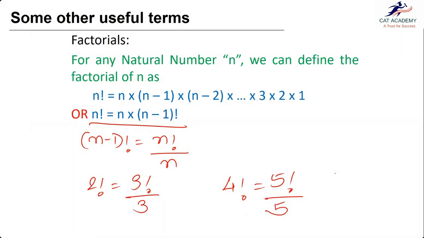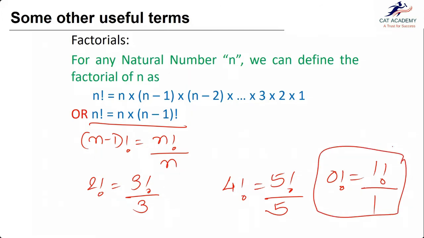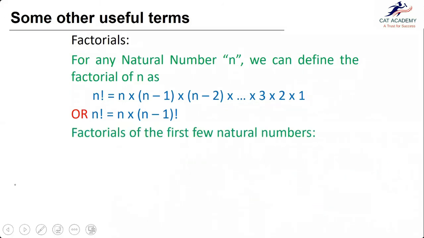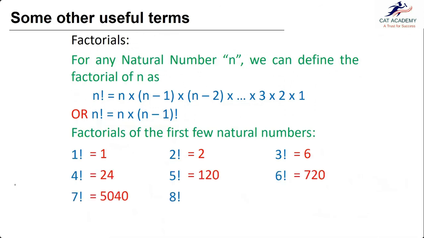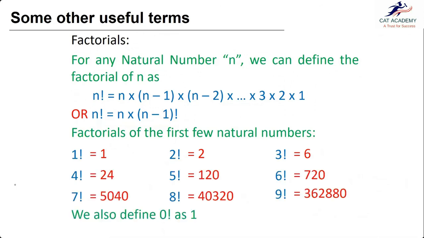Similarly, can I say 0 factorial equal to 1 factorial upon 1? So thus 0 factorial is defined as 1. Okay? All right. Most welcome, Rahul. Okay?